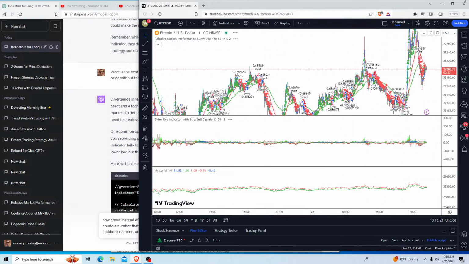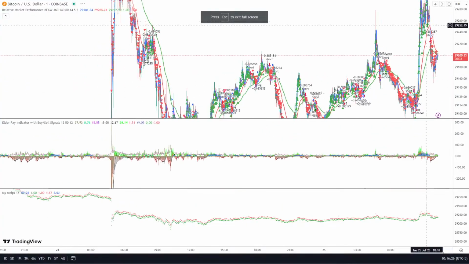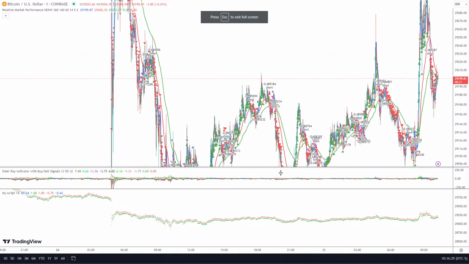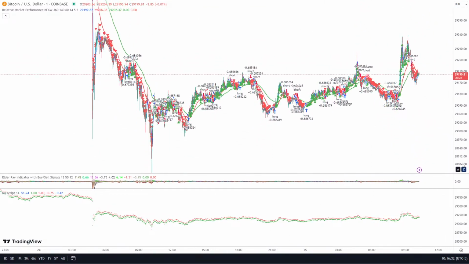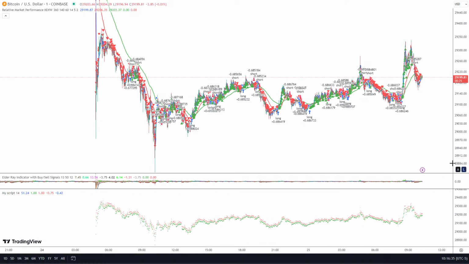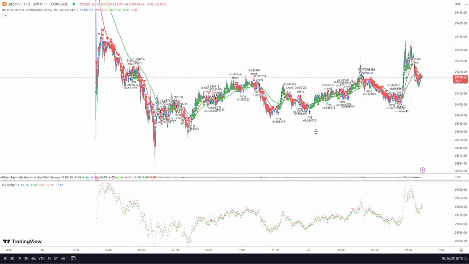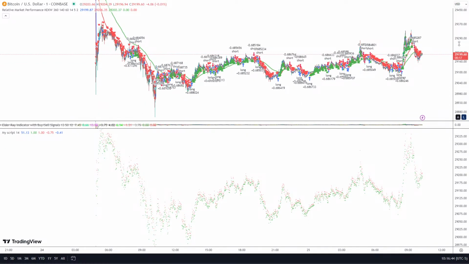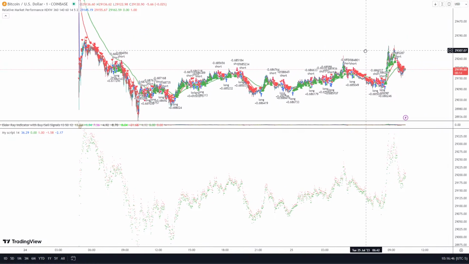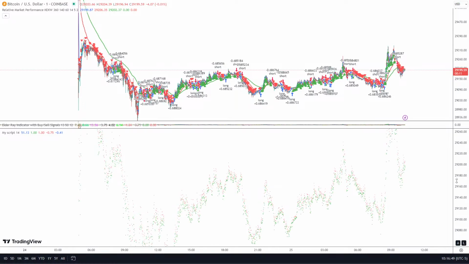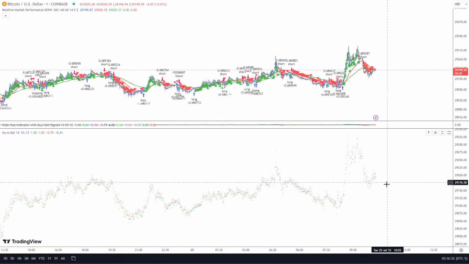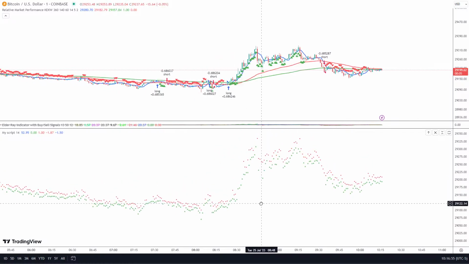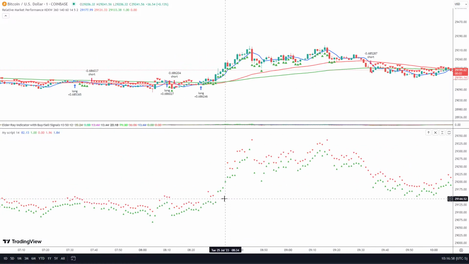So let me make this full screen. Okay, so I'm just looking at a 1 minute Bitcoin chart, and then here's all the bullish and bearish divs. So, aha, the bearish divs disappear when it's going up.